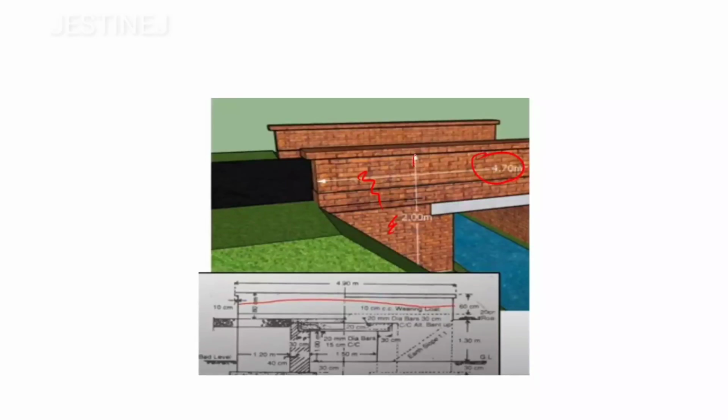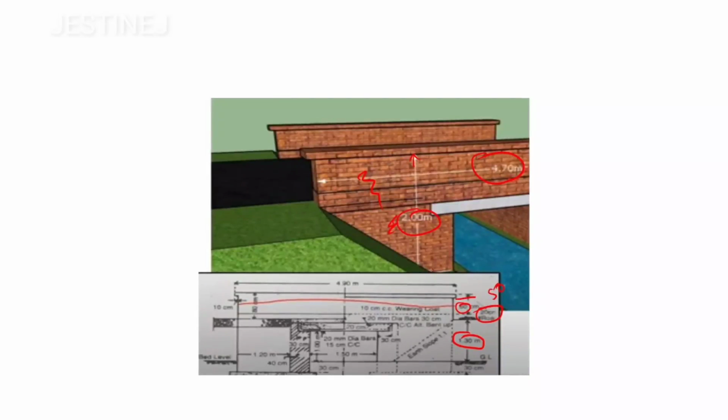So from this bottom portion, from this coping onwards to the bottom of this surface, if you observe here, you will get 1.3 plus, then here 20 centimeter, so it is going to be 1.5, and here it is going to be 60, if you take only up to this coping portion, then it is going to be 50, so you will get 2 meter.